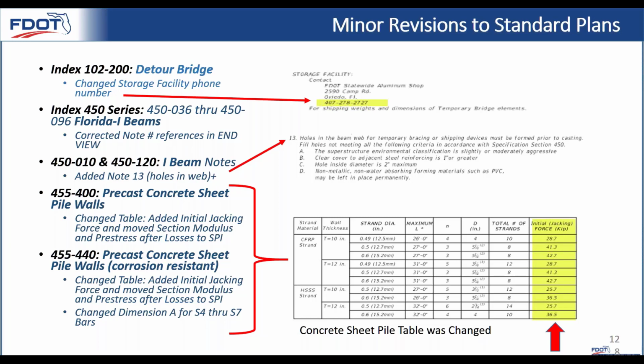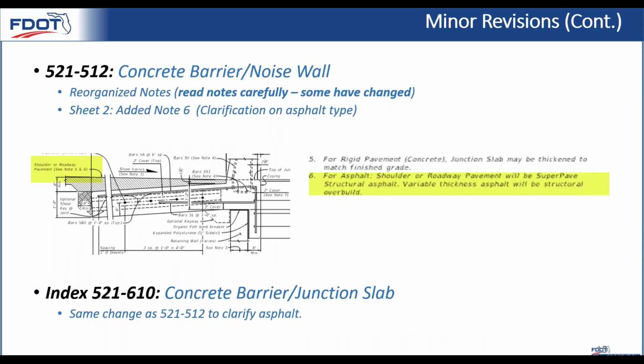And the designer information section, modulus and free stress losses, was moved to the SPI. Per request from construction, a note was added to index 521-512 and 521-610 to clarify how the asphalt on top of the junction slab is to be paid. The variable thickness asphalt is structural overbuild.